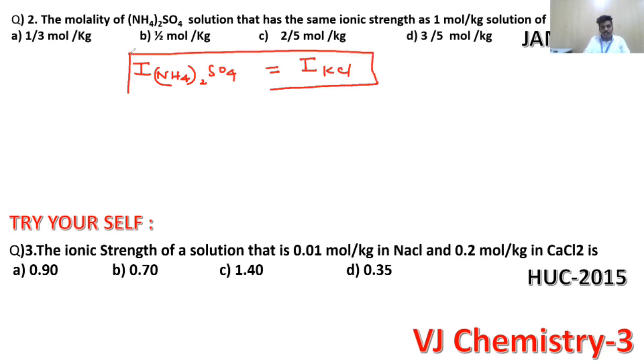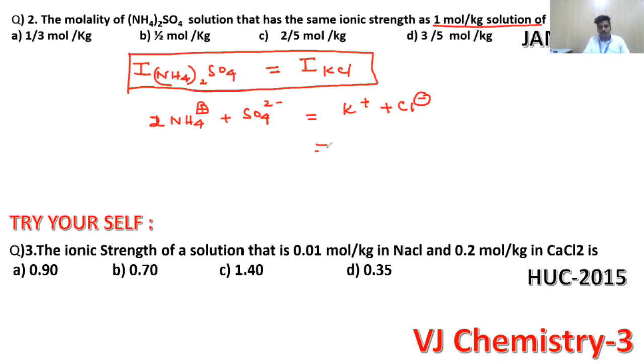Now see, for (NH4)2SO4, what is it? 2 NH4+, SO4 2-. What is the KCl formula? K+, Cl-. In this question, what concentration is given? The molality of (NH4)2SO4 solution that has the same ionic strength as 1 mole per kilogram of KCl.